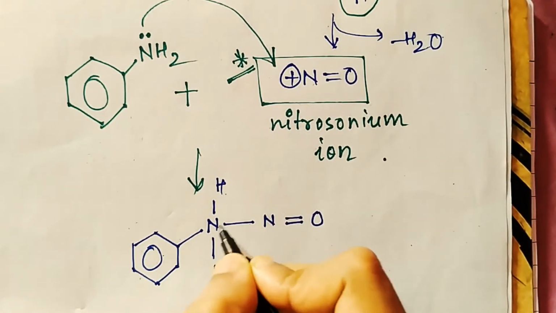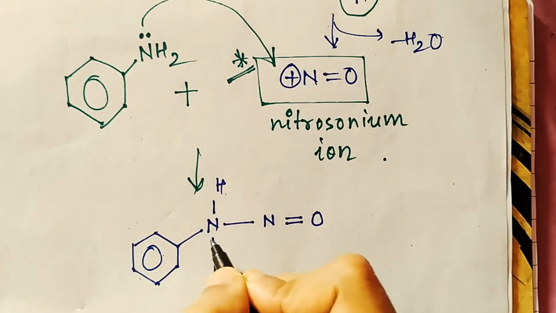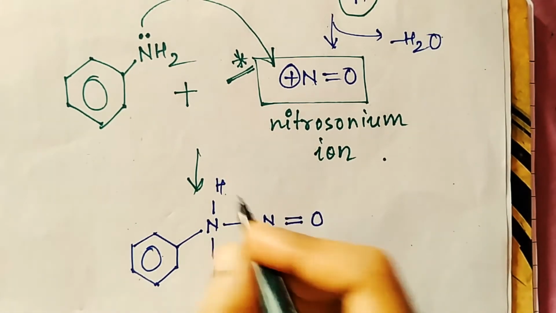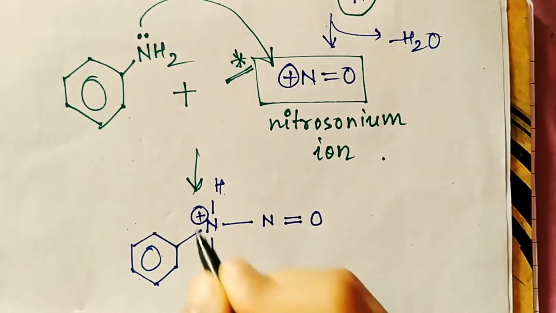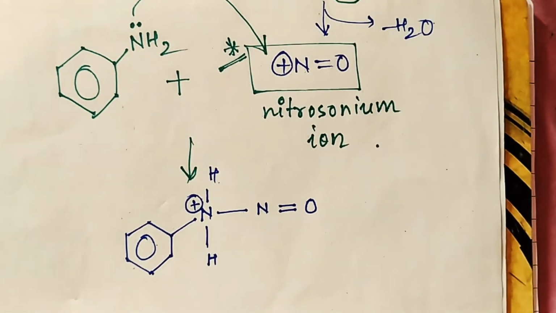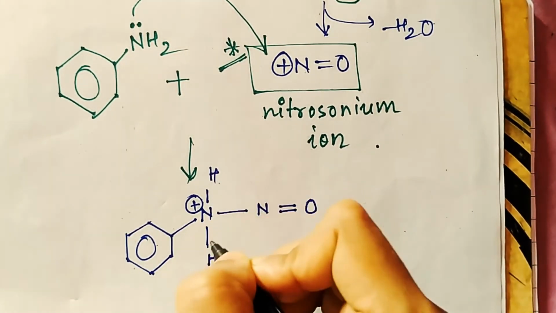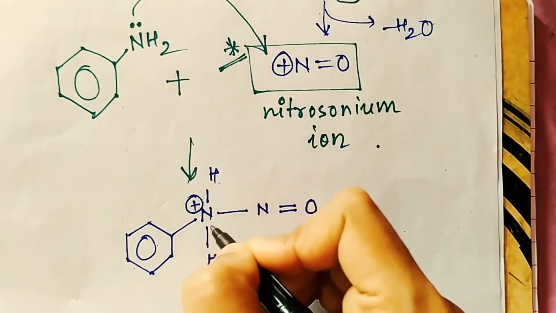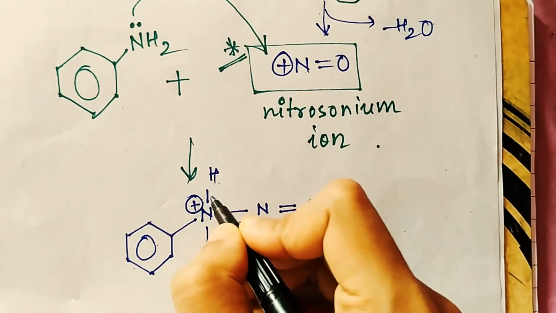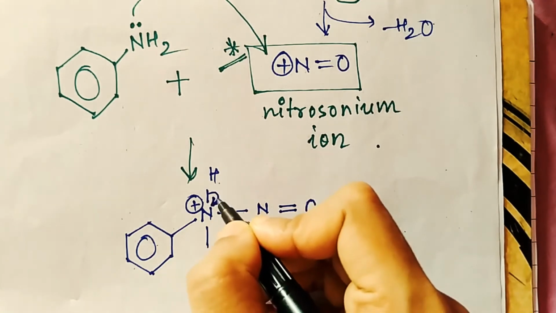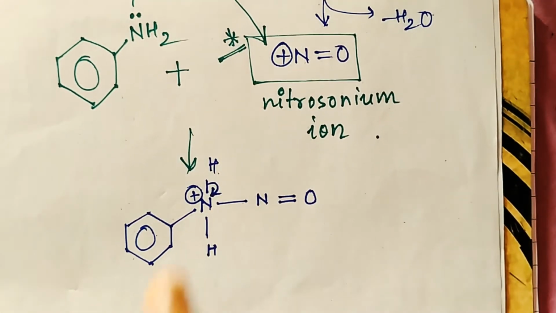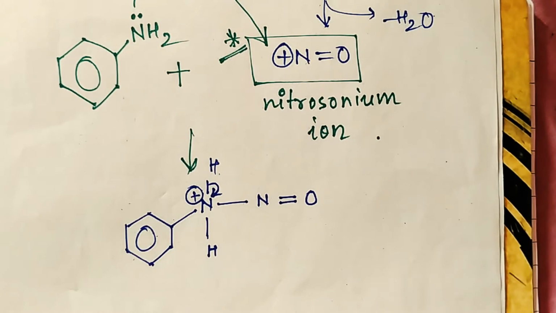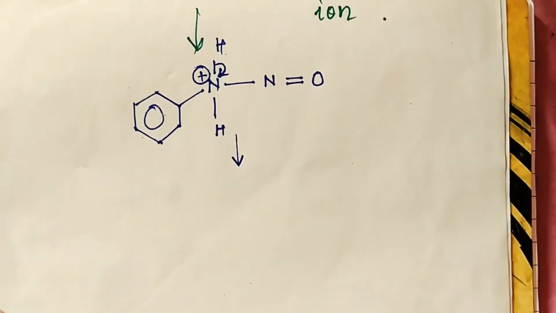Now this nitrogen atom has 4 bonds, but the nitrogen valency is 3, so a plus sign will be on this nitrogen atom. Any one NH bond will break and the electrons will come onto the nitrogen atom to neutralize this positive charge. Then what will be the product?